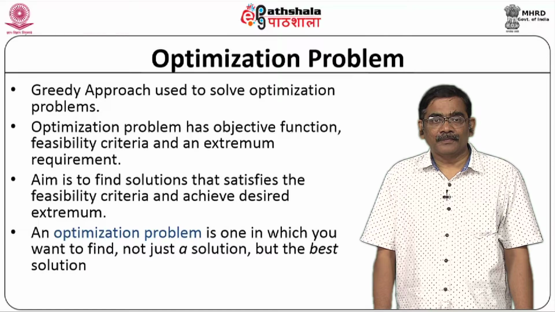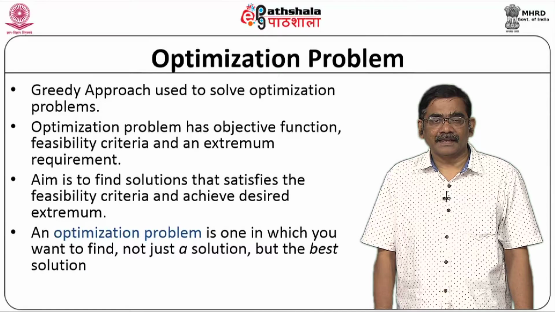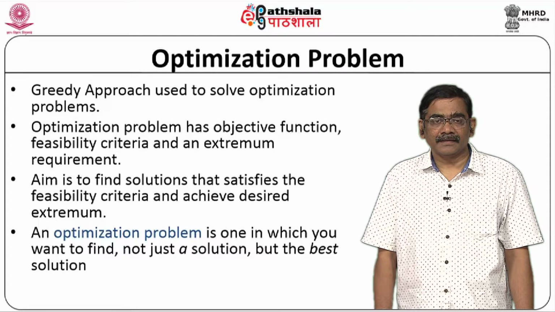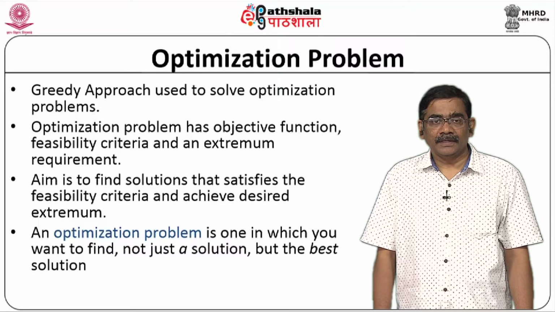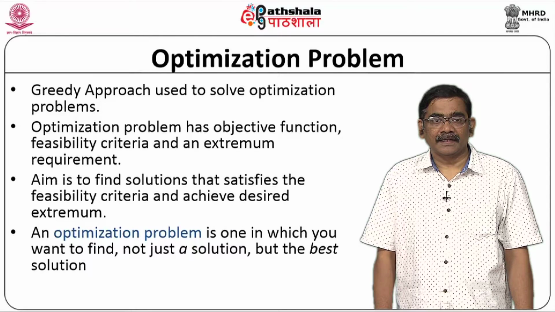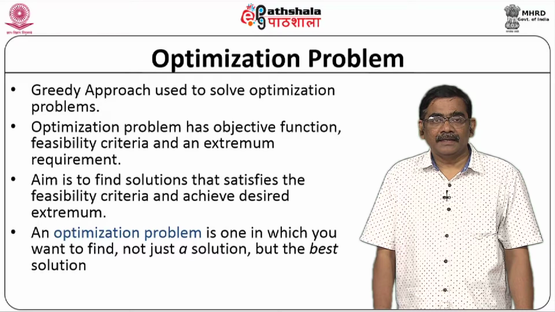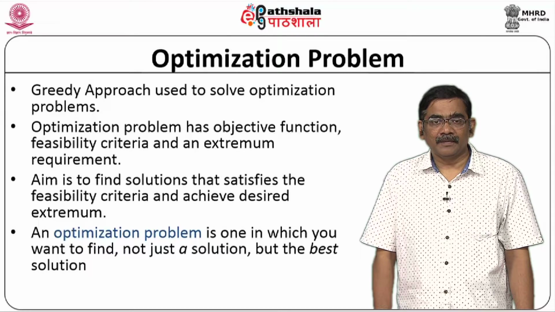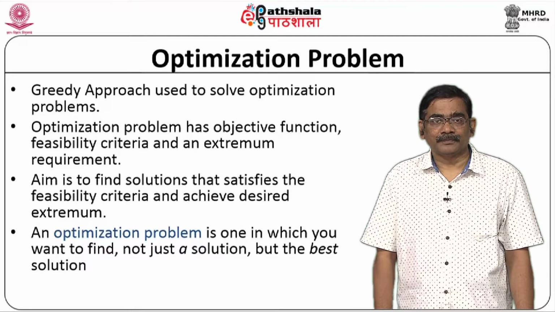Then we will have feasible constraints. These constraints are stated as a function, and any solution is supposed to satisfy these feasibility criteria, and an extremum requirement like the maximization or minimization of the given objective function.